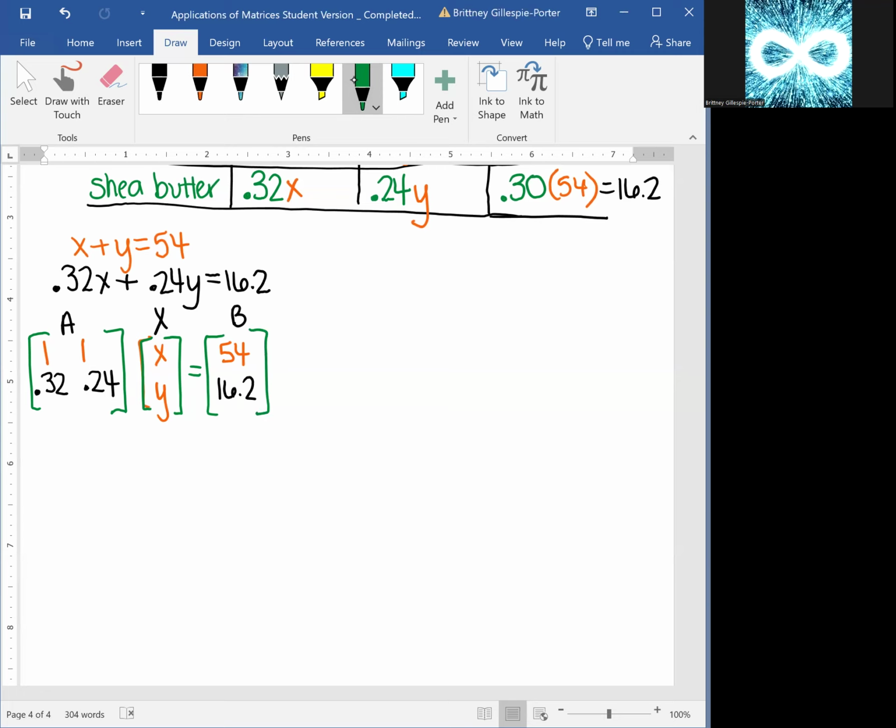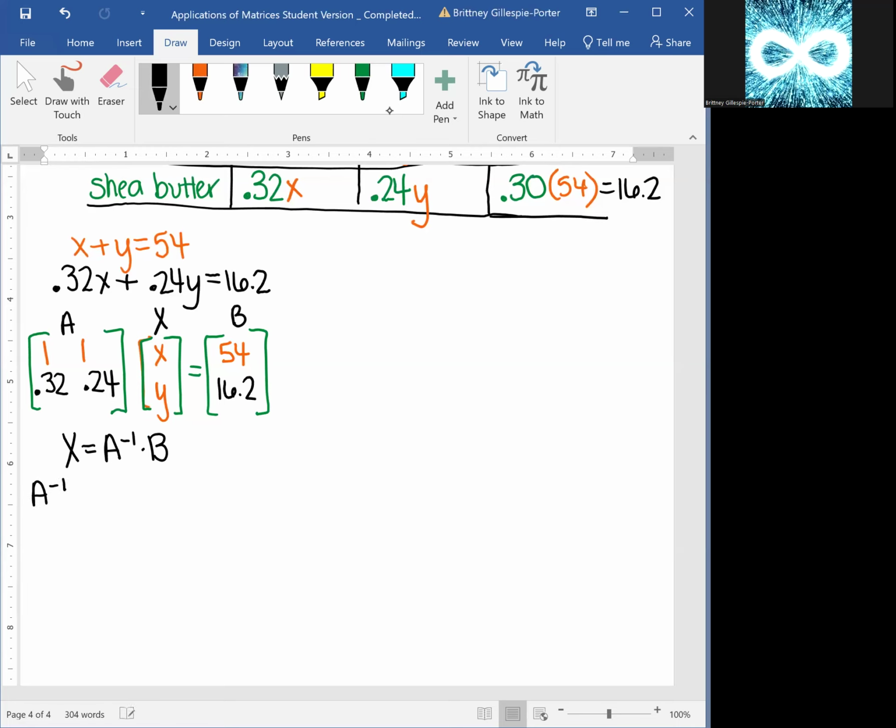So now we've written it in AX equal to B form. To solve, remember that we need to take A inverse times B. So let's go ahead and find A inverse.